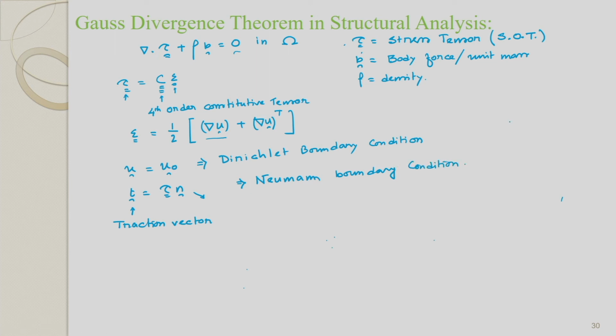The entire boundary gamma can be divided into two parts, gamma u and gamma t. On gamma u, displacement is prescribed, and on gamma t, traction is prescribed.